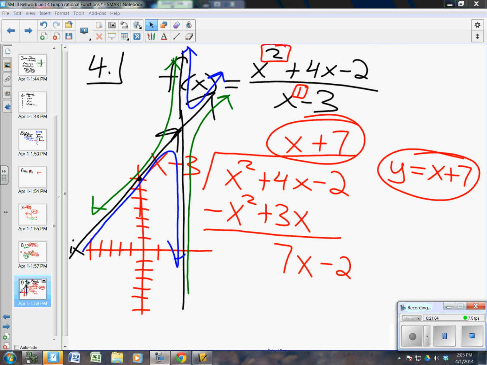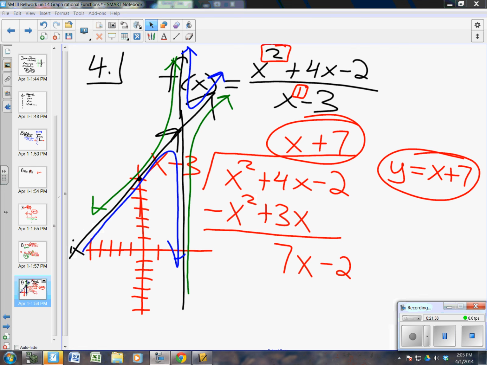Do we have that? It's the blue one? Okay, so it's the blue part. Any questions on that? It's probably good to look at this on your graph. Actually, it's the green part. If you just want to see, put in the line x plus 7 as well, since it's your asymptote, and graph that in there.